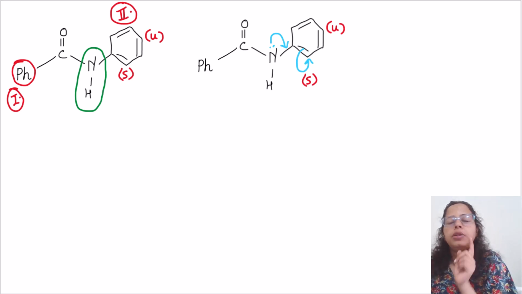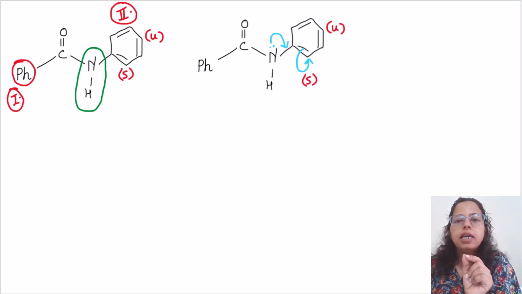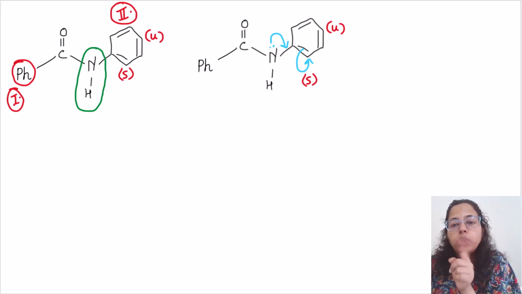That means the NH group is electron donating towards the aromatic ring. This electron donating nature is because of the resonance effect, not the inductive effect. Through the inductive effect, it is electron withdrawing because nitrogen is more electronegative than carbon.